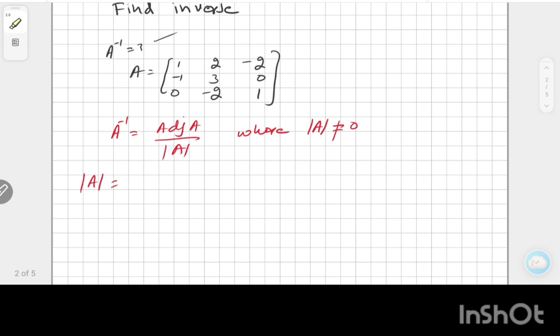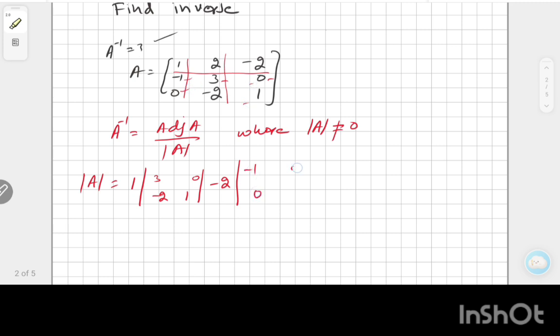How do we get the A determinant? First I write 1, and we have to expand this one: 3 0 minus 2 and 1, then minus 2. Similar pattern. If we ignore this one, we get minus 1 0 0 and 1.